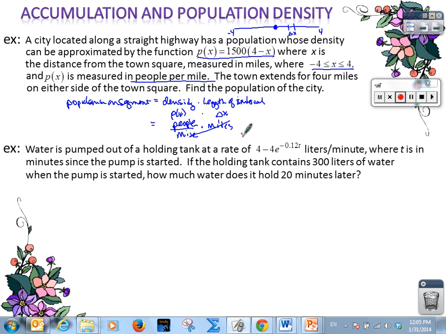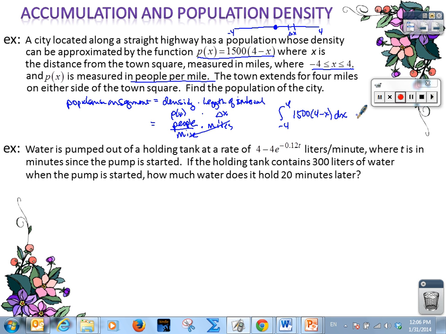So in order to do this, we would integrate, and this is one where we have to go to either side, from -4 to 4. Our density function, p of x, is 1500 times 4 minus x. And then our length of our interval is delta x, which is dx. So that's what we integrate.